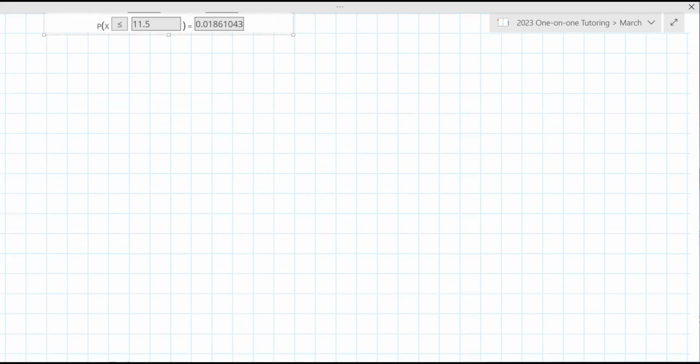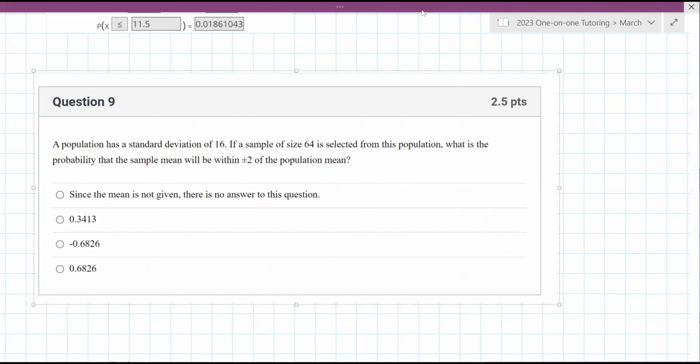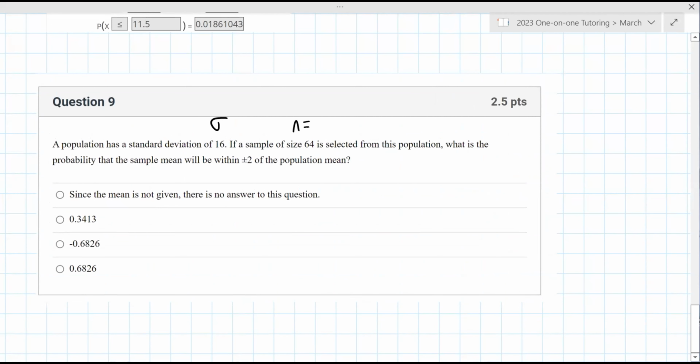Okay, moving on to number 9. All right, population has a standard deviation of 16. If a sample size of 64 is selected from this population, what is the probability that a sample mean will be within plus or minus 2 of the population mean?